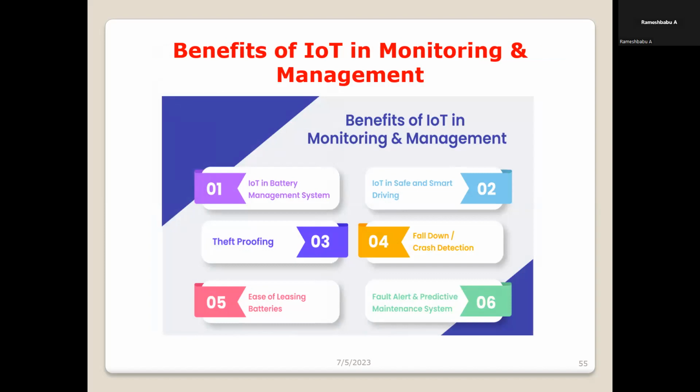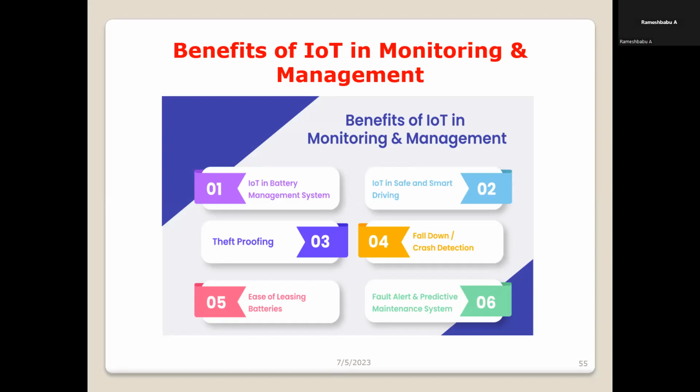The benefits of IoT in monitoring and management: first, IoT in the battery management system. The second is IoT in safe and smart driving. We can monitor real-time data of the vehicles and their key components, making it more reliable for the user.